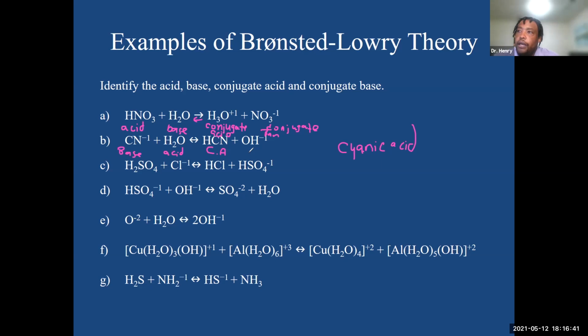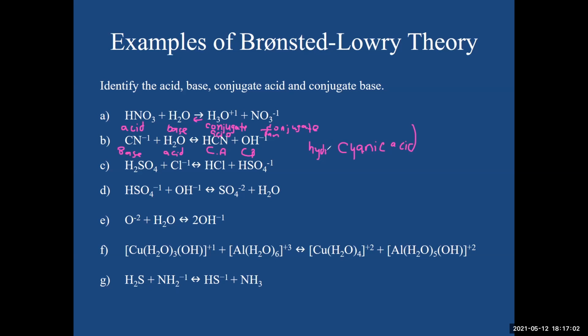And then the base would be, yeah, OH would be the conjugate base. Okay. What about, actually it would be hydrocyanic acid according to the rule. Oh yeah, because hydro means without oxygen, right?